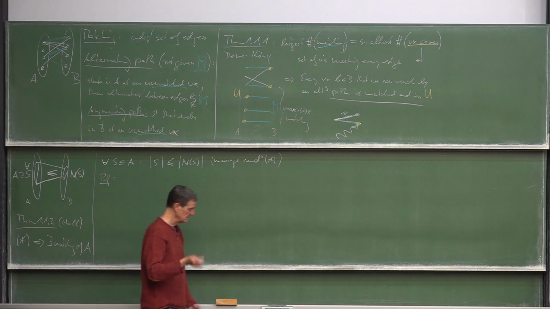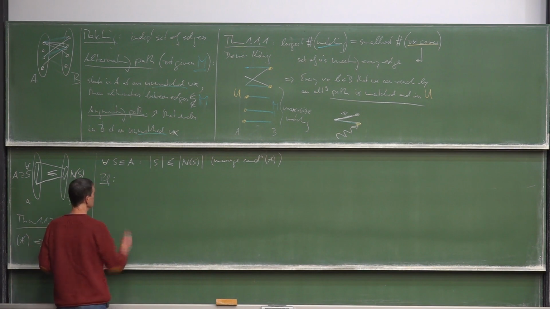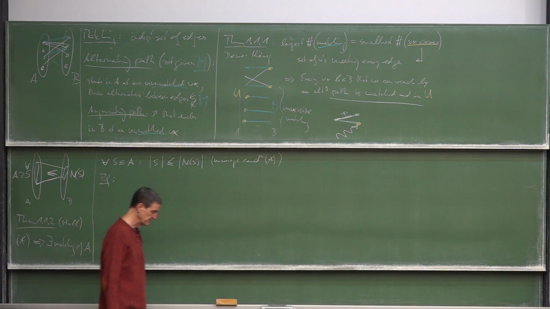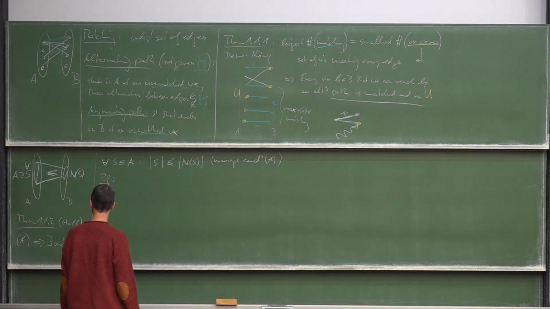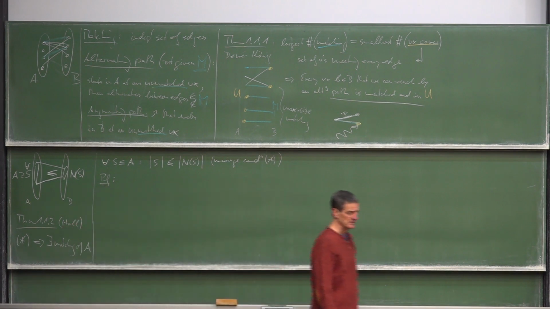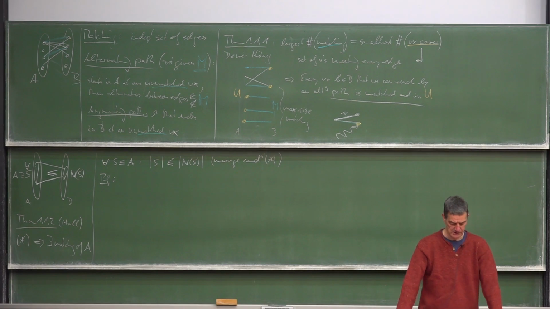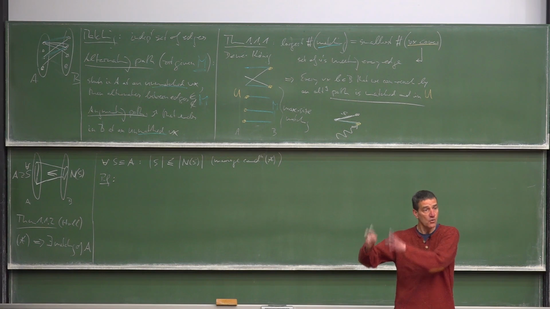And let me apply the same kind of method. We just aimlessly play for a little bit, and then we try to observe something on the way. What we're going to do is prove that for any matching, not necessarily the largest one, any matching, either it covers A or we can find an augmenting path.